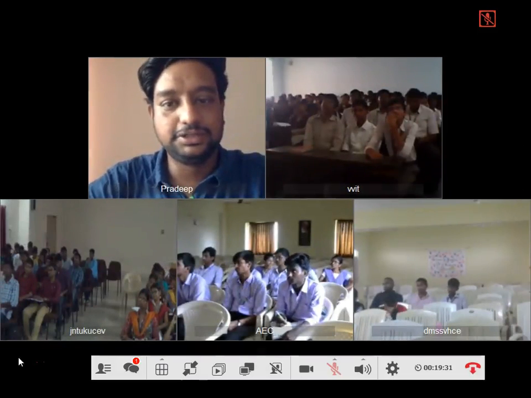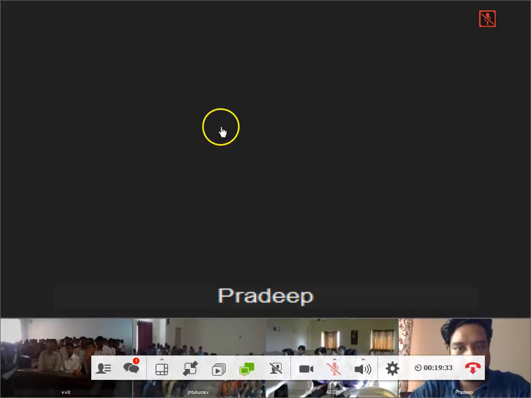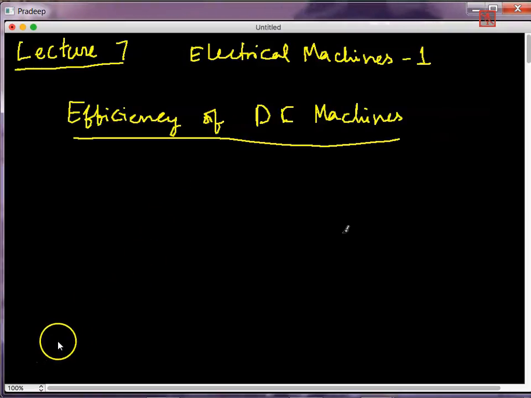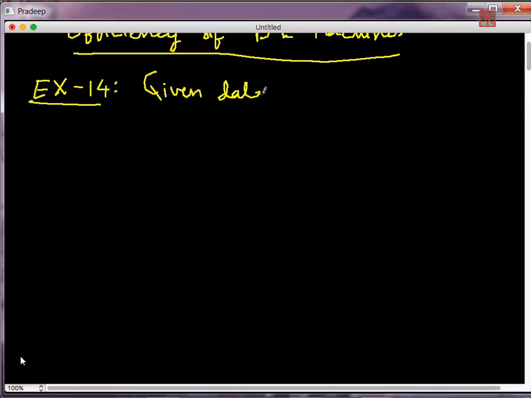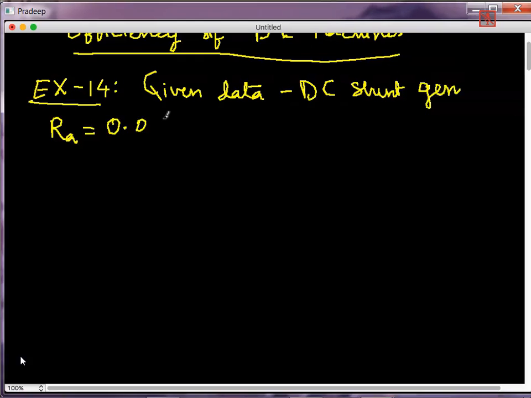All right. I'll just simply repeat the given data. So it's a DC shunt generator, and I have armature resistance 0.82.